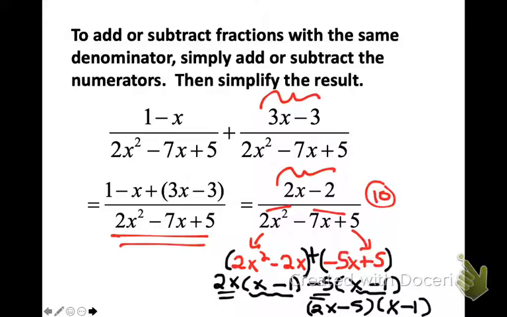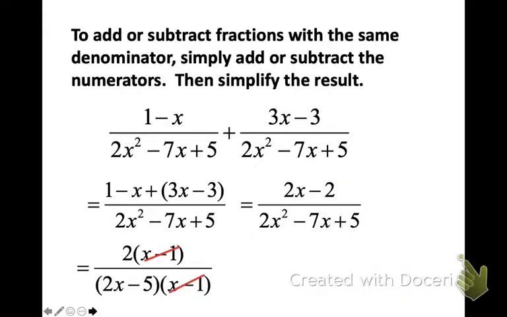So the denominator factors out to 2x minus 5 times x minus 1. We're able to reduce, and we end up with 2 over 2x minus 5. And I'll keep reminding you, pause and rewind whenever you get a little bit stuck or you want to try something on your own.